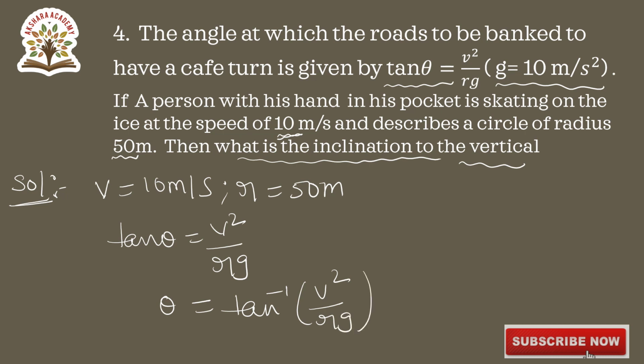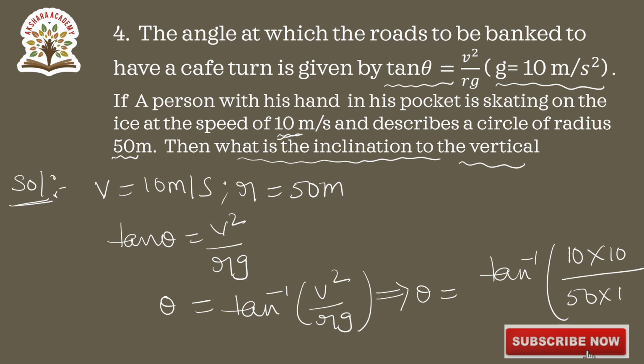Now substituting the values, theta is equal to tan inverse of 10 into 10 by R, which is 50, G they given as 10. Cancel, 0 cancel, 1 by 5. So theta is equal to tan inverse of 1 by 5. This is the final answer.